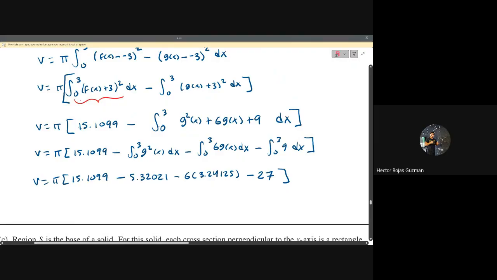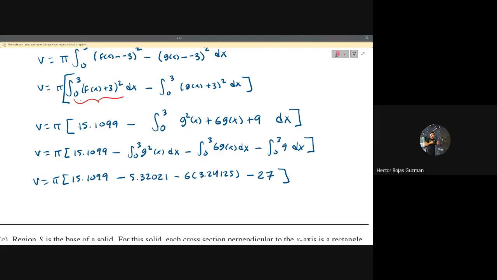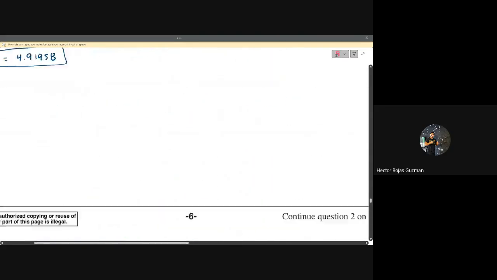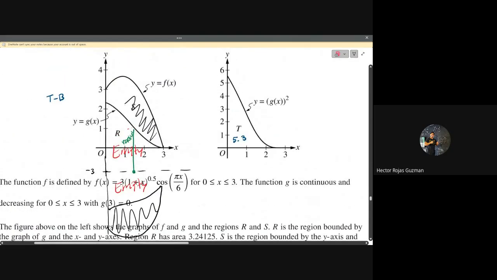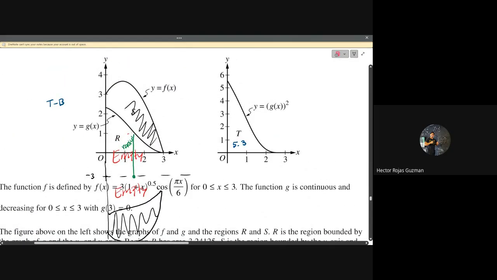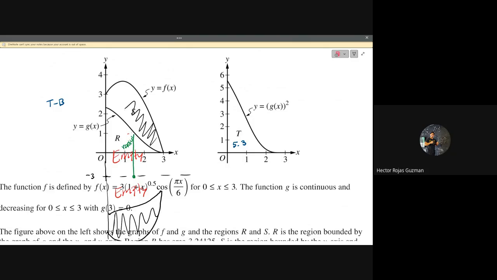No, that was given to us. Go back to the first. It says that the graph of, it's the second graph, something about g squared. Right there. That's g of x squared. And they told us it was 5.3. Blah, blah, blah. No, that was already squared.